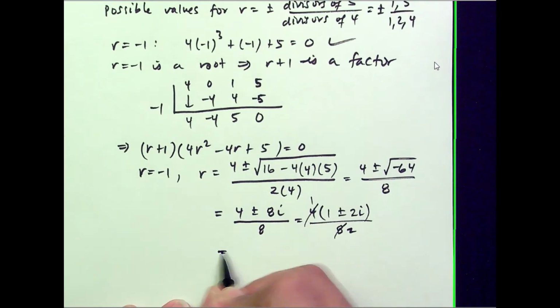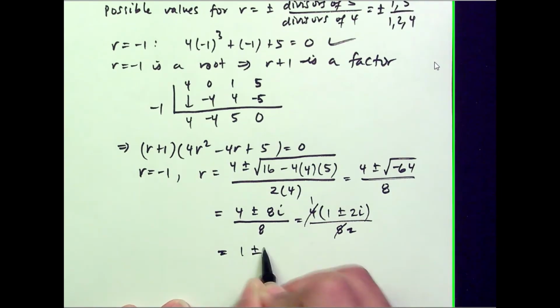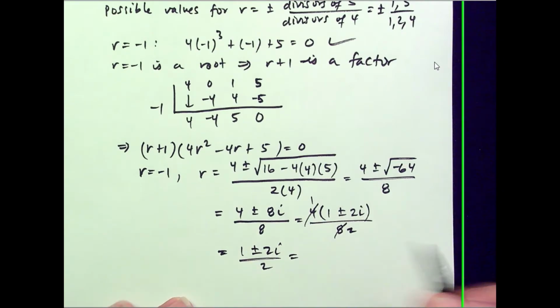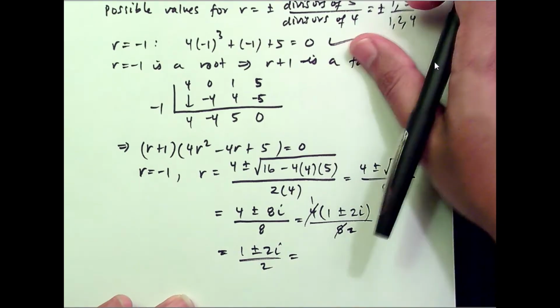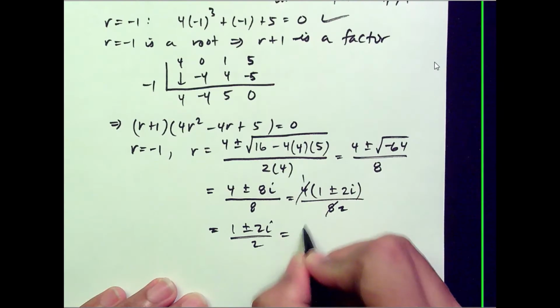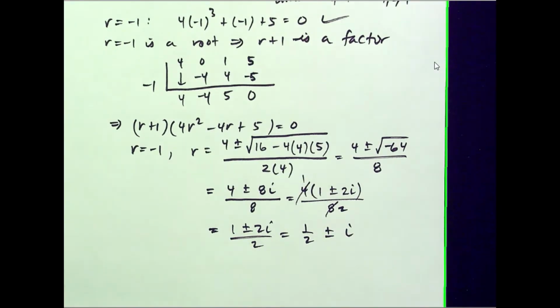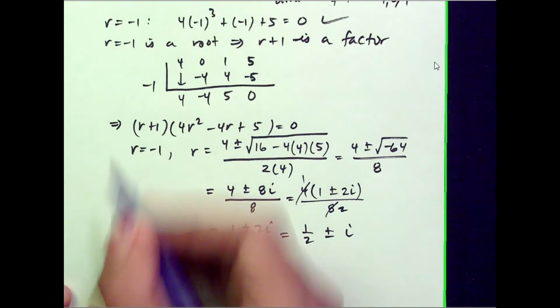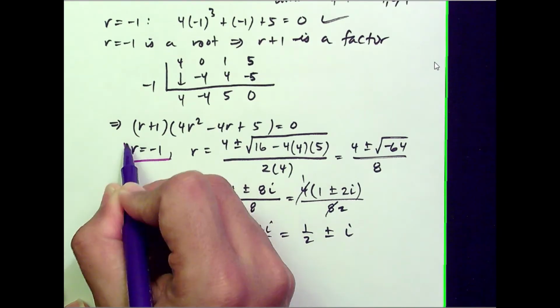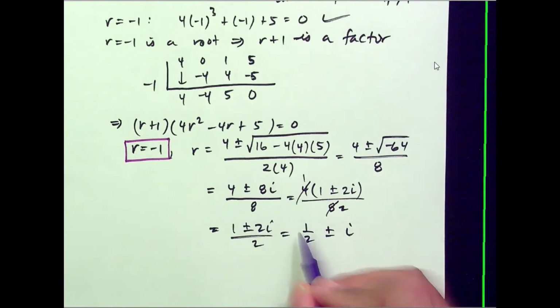So then this is 1 plus or minus 2i over 2. And splitting that up, that is 1/2 plus or minus i. So here are all the roots of this polynomial.